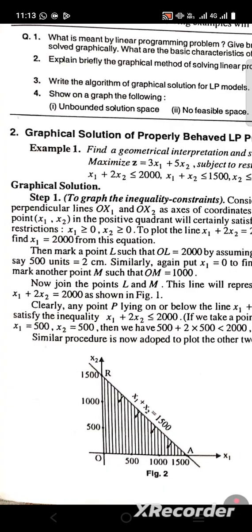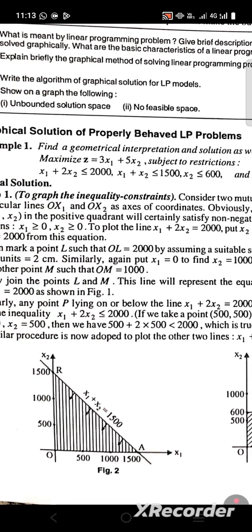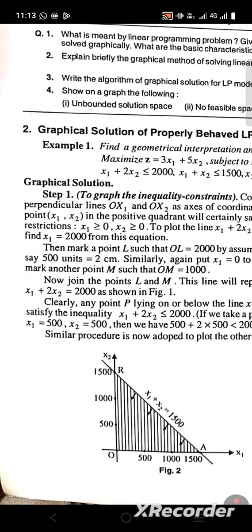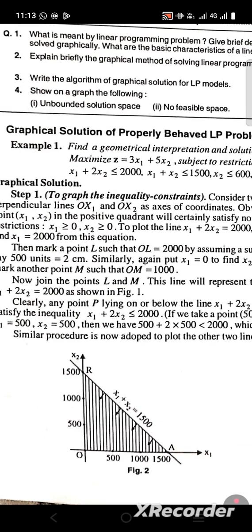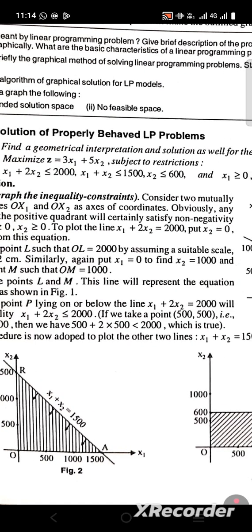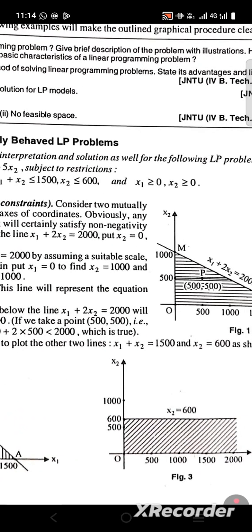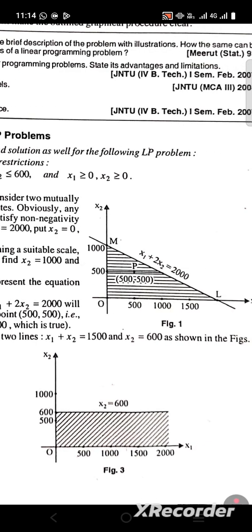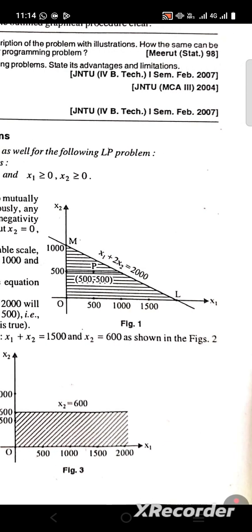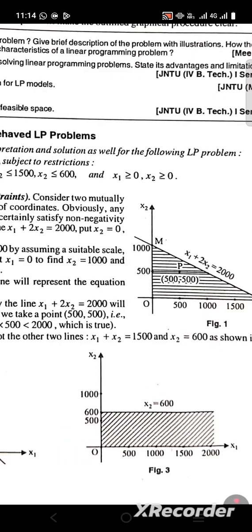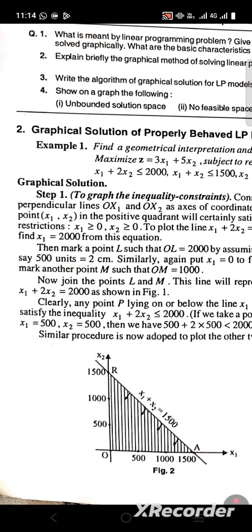Obviously, any point x1, x2 in the positive quadrant will certainly satisfy the non-negativity restrictions x1 greater than or equal to 0 and x2 greater than or equal to 0. Then plot the line x1 plus 2x2 equal to 2000. We have drawn the two perpendicular lines OX1 and OX2.